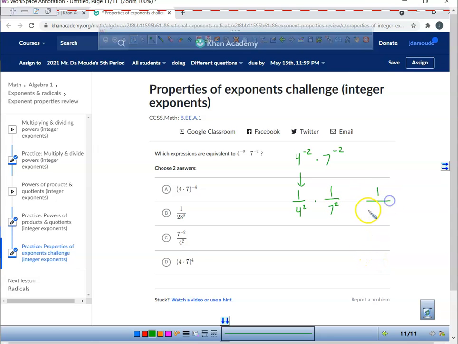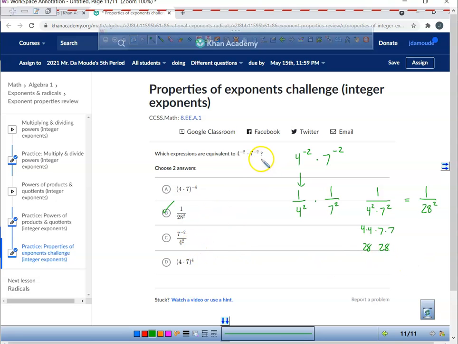So it could be 1 over 4 squared times 7 squared. What does this mean? 4 times 4 times 7 times 7. What's 4 times 7? 28. What's another 4 times 7? 28. That could equal 1 over 28 being squared. So there's one of my answers.